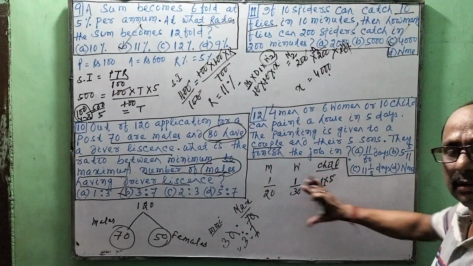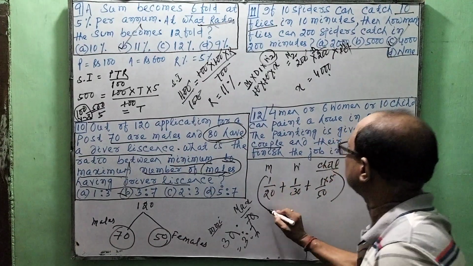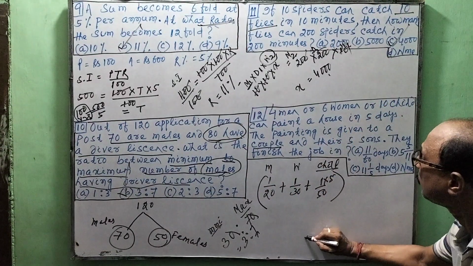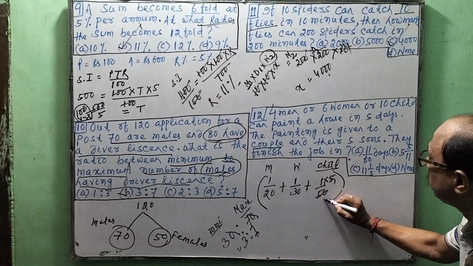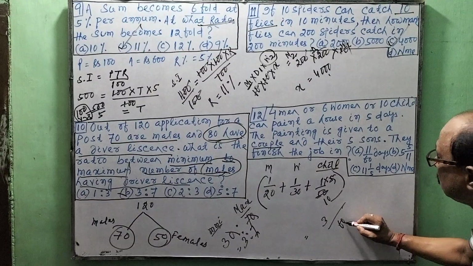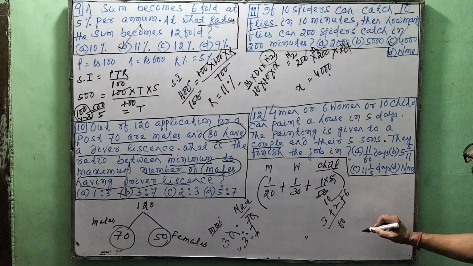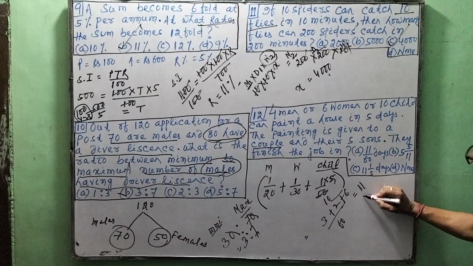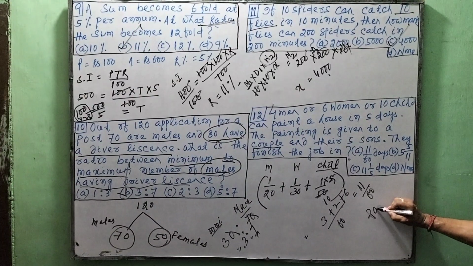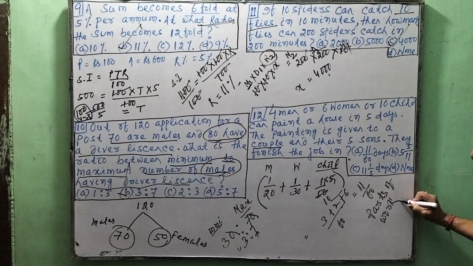So all of them together: LCM is 60, this is 3, this is 2, this is 6, so 11/60 parts of work they can do in 1 day.